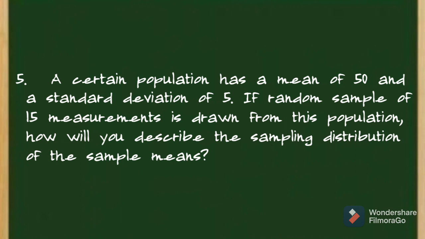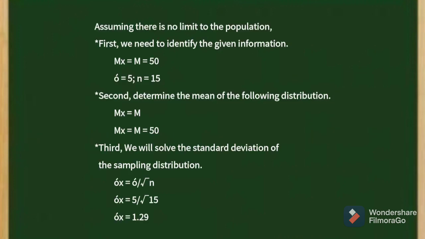Number 5. A certain population has a mean of 50 and standard deviation of 5. If a random sample of 15 measurements is drawn from this population, how will you describe the sampling distribution of the sample means, assuming there is no limit to the population? First, we need to identify the given information.